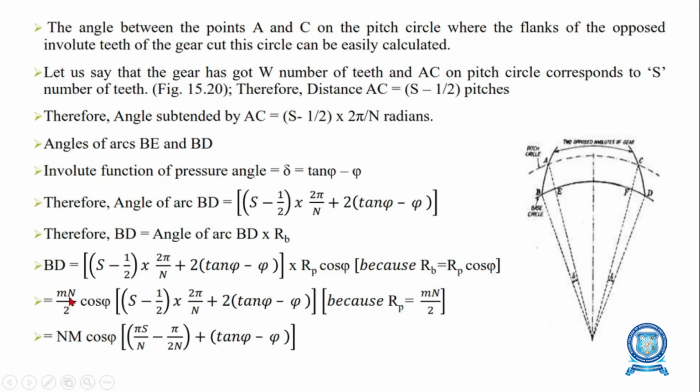So m into n, module into number of teeth divided by 2 cos phi, into (S minus 1/2) into 2 pi by n plus 2 into (tan phi minus phi). Here, instead of RP, we are taking mn divided by 2. So now nm into cos phi into [pi S divided by n minus pi by 2n plus tan phi minus phi].